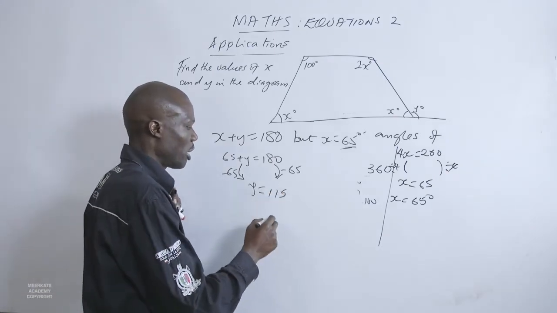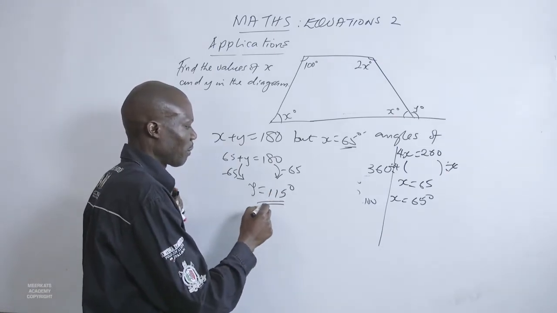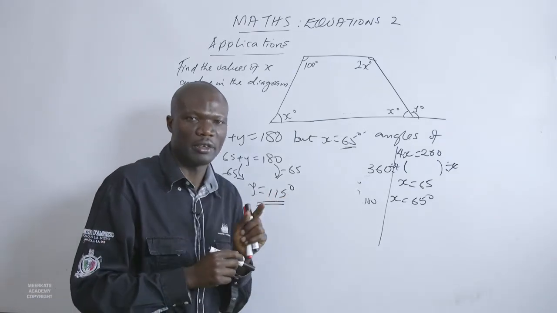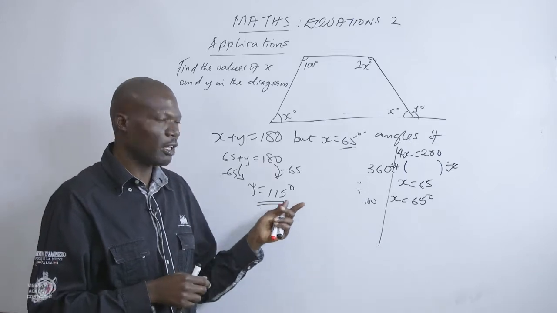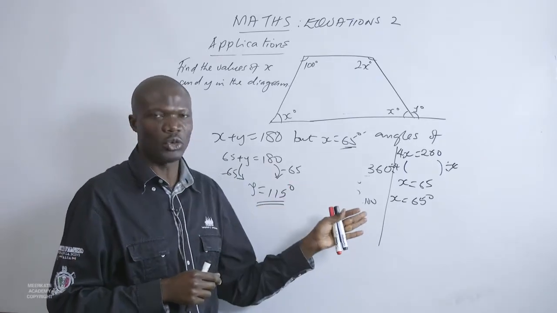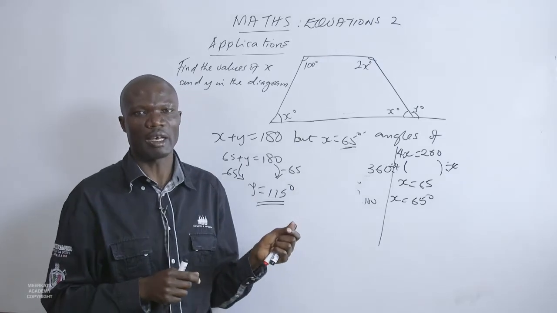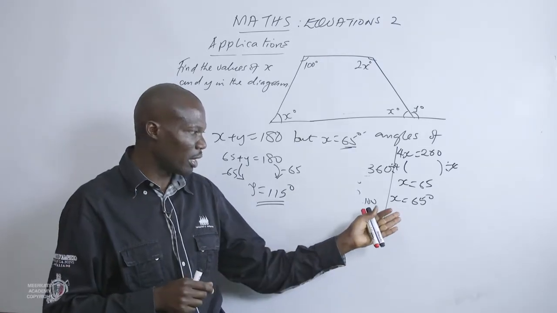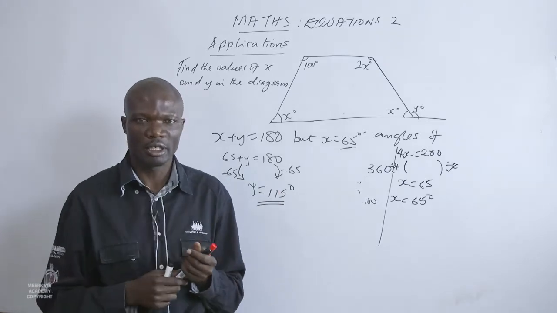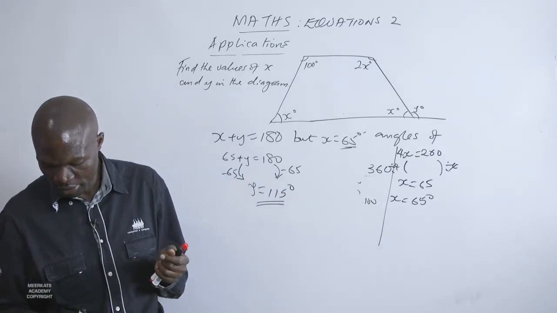So what is y? y is 115, and you specify degrees. It's very important for us to show that we are looking for the units. So x is 65 degrees, y is 115 degrees.